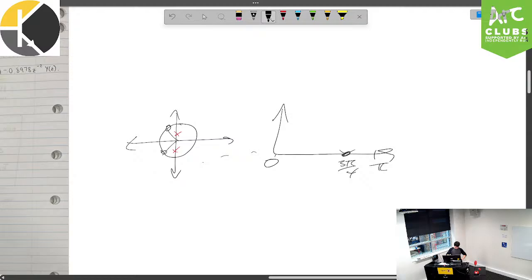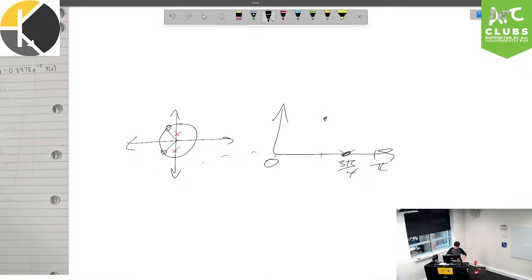And a pole at pi on 2. All right, so what we're expecting is going to be something of the form like this, okay? Something like this.